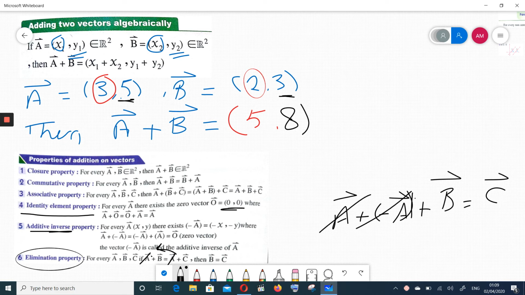So this is going to be 0. So it's going to be vector B equals vector what? Vector C. Okay. Let's go to have another thing.